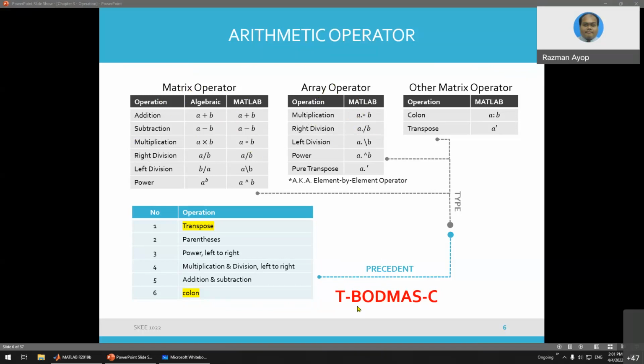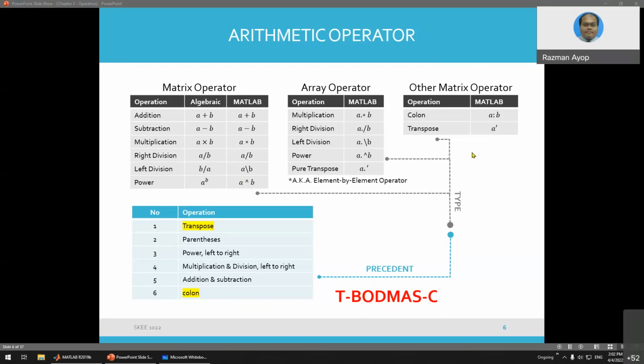But last time I showed you the BODMAS: bracket, power of, division, multiplication, addition, subtraction, and this one, the transpose. So make sure you also know the transpose. Transpose is at the top and the colon is at the bottom.